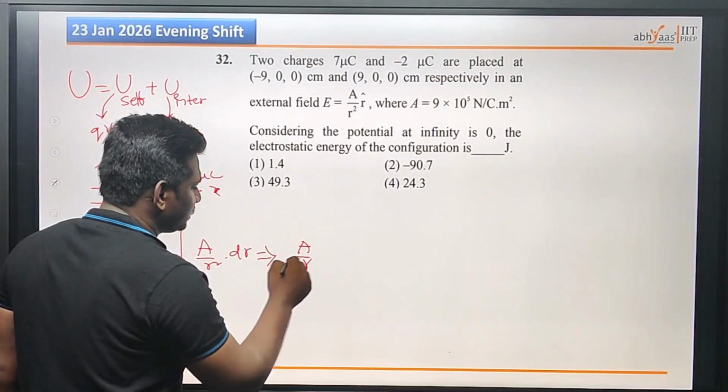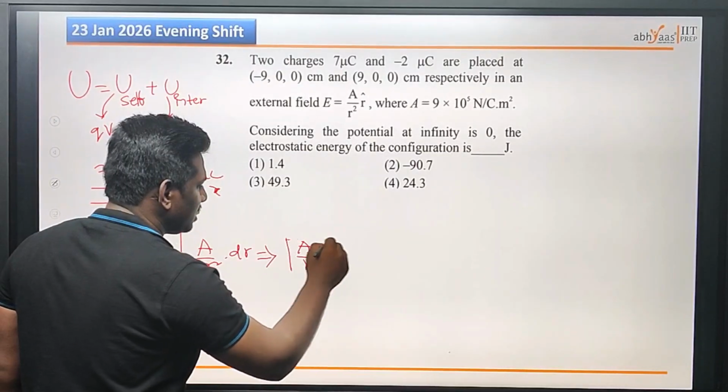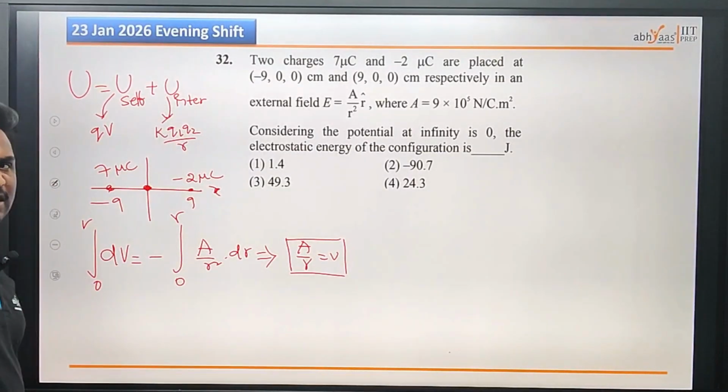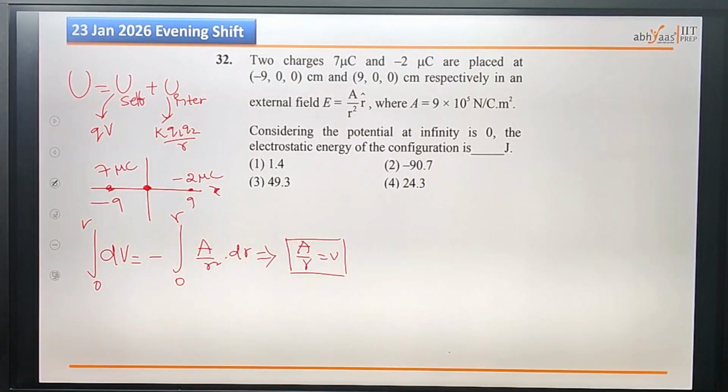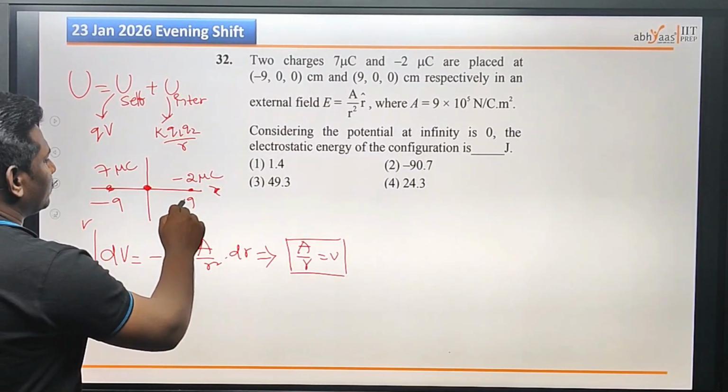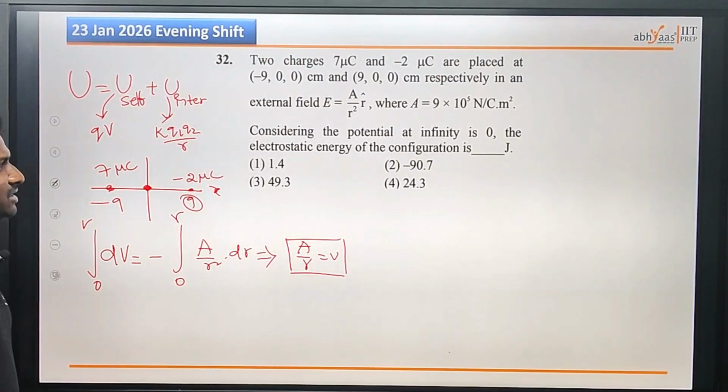V can be written as A by R. What is the value of A? A they have given. So, what is the R? This is our R, 9.